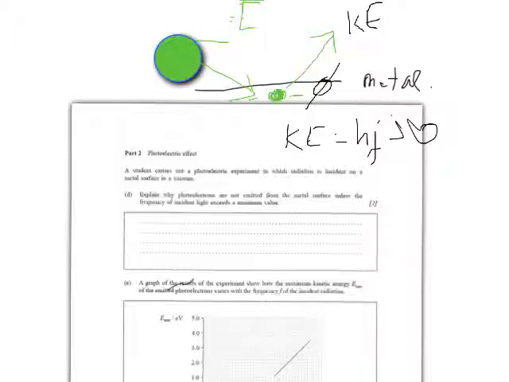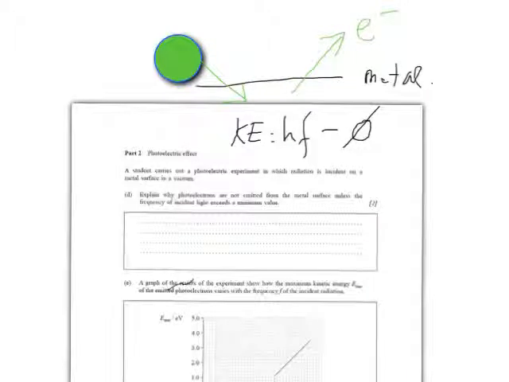Let's tidy that up. Okay, so you can see the full equation here. This was Einstein's equation. Now this energy that it has left over is kinetic, and the electron can move, usually around a circuit. Photon energy minus the work function.